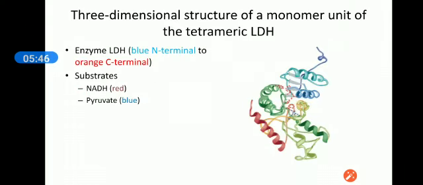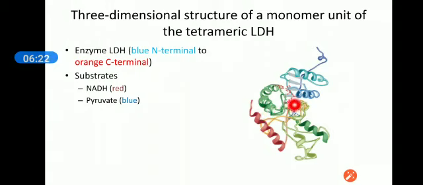Like this one, this is the protein structure of lactic dehydrogenase, LDH, and the whole protein structure of LDH scaffolds or arranges itself in a three-dimensional structure to make an active site for its substrates, lactate and NADH, and this active site makes a complementary structure of amino acids.